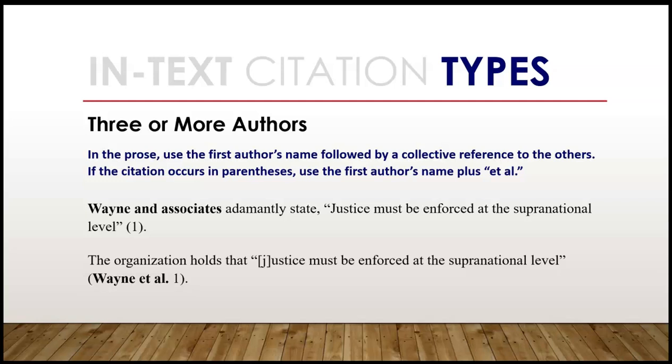Wayne and Associates, there you go, one author and a collective, many others, adamantly state, quote, justice must be enforced at the supranational level. That's found on page 1. So we don't want to put Wayne and Associates in the parenthetical, so down here you can see it's just Wayne et al. with the dot, since it's not quite a period. And that's found on page 1. Great.